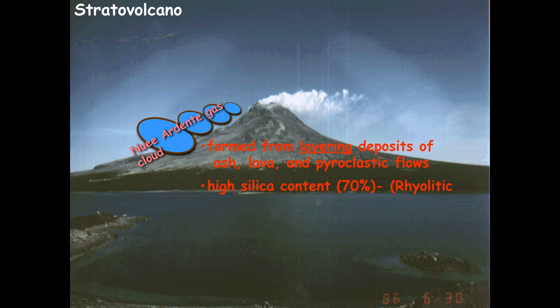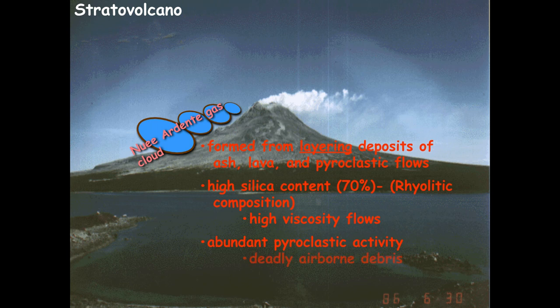These composite volcanoes are very high in silica, in this case up to 70%, rhyolitic composition, which gives rise to very high, pasty viscosity flows. With this high pasty nature of the flow, material can't move very fast, and so you get abundant pyroclastic activity, which translates into deadly airborne debris and very explosive eruptions.